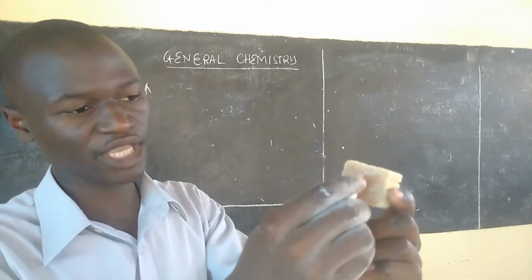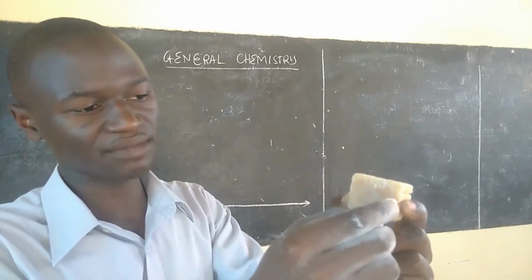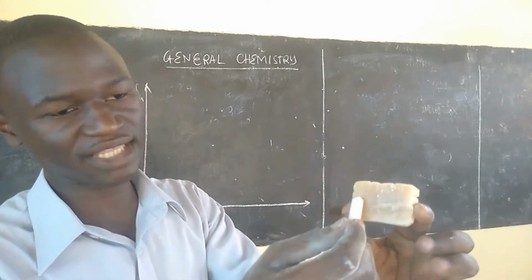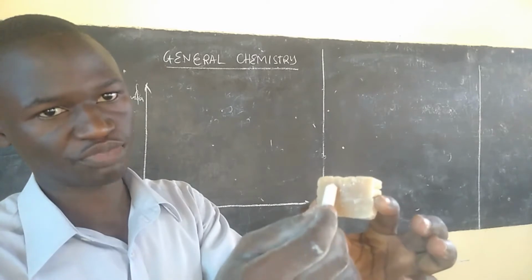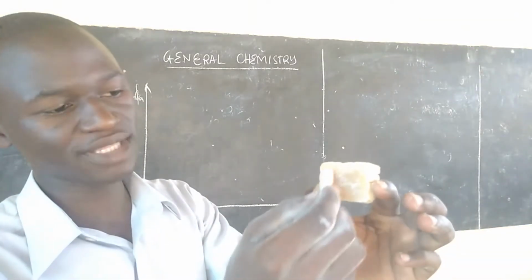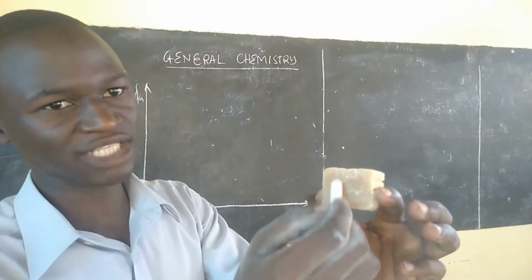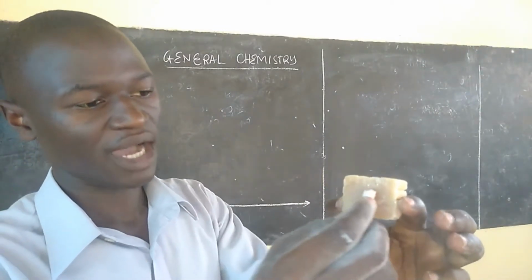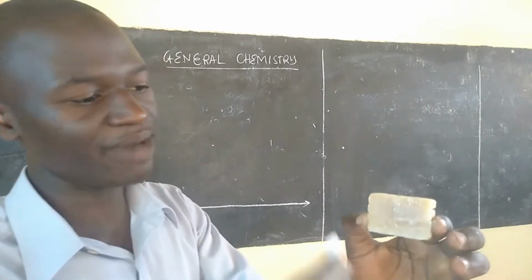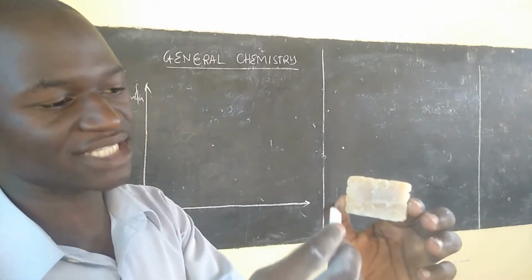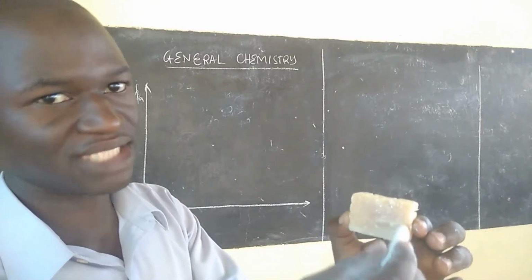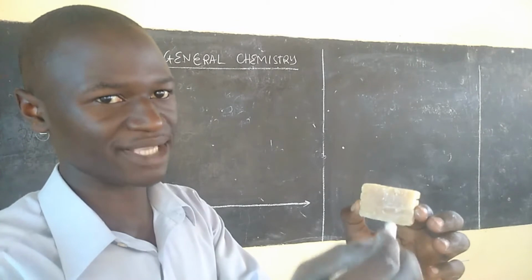For example, from here to here, it can be one isotope, and here is another isotope. So this will be the percentage abundance of one isotope, and this will be the percentage abundance of another isotope. Even by looking with your naked eyes here, you will see that this is a quarter. That means it is 25%.